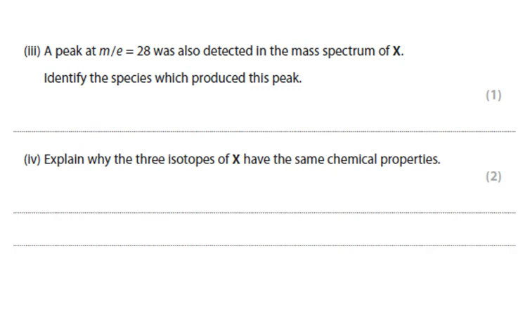I know that the molecular mass of X is 56, and that means if I have Fe2+, that means I have a charge of 2, then the 56 divided by 2 is 28. So the peak at 28 must be due to the fragment with 2 positive charges.